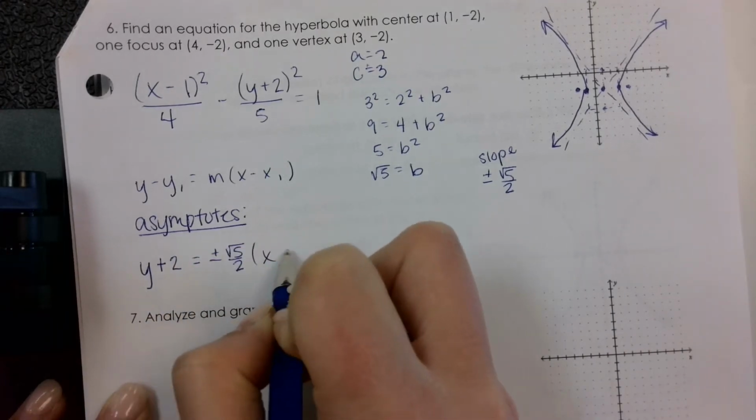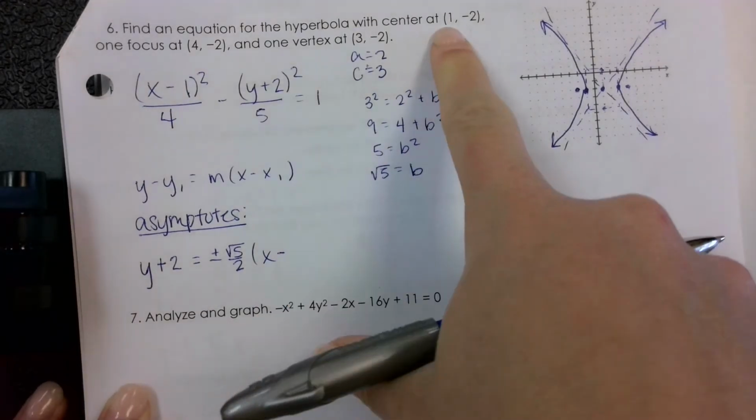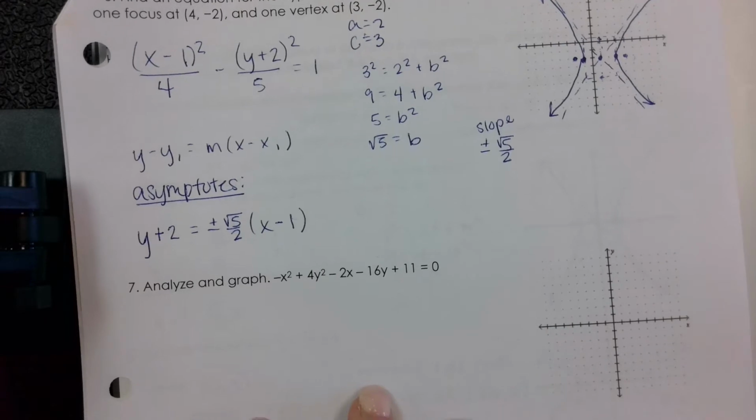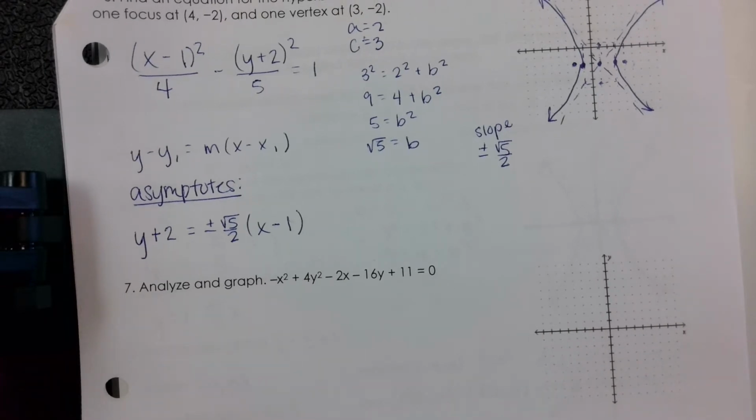And then we'll have x minus the x value of your center, which was 1. And that's the equation for your asymptotes. Is that okay? Yeah? Questions there? Alright. So if we're good with that, we've got one more and then we'll be done.